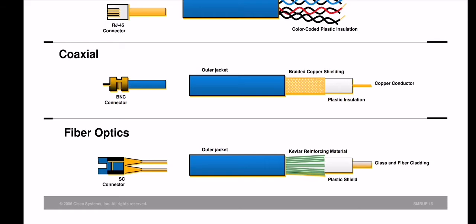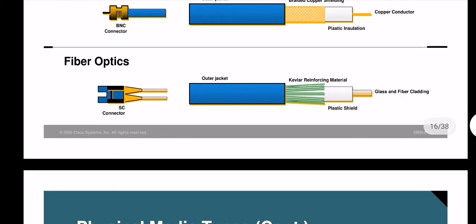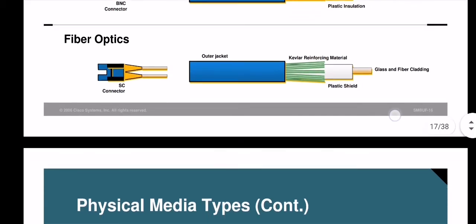Then we have the coaxial cabling, which is also used in the internet. Some service providers use coaxial cable, which creates so-called broadband connectivity, a high-speed connectivity, and fiber optics, of course, which is the newer technology, and that's what's being used now.